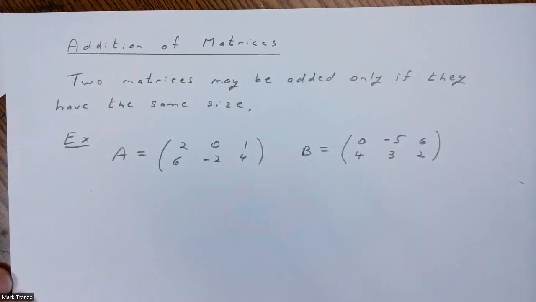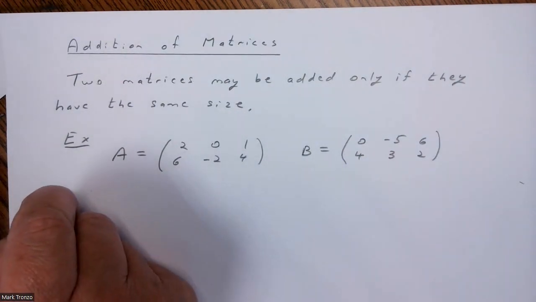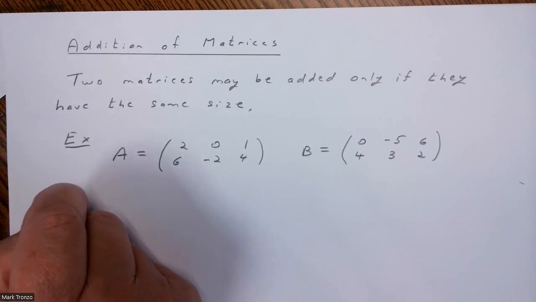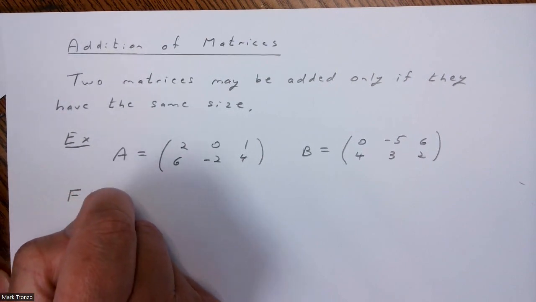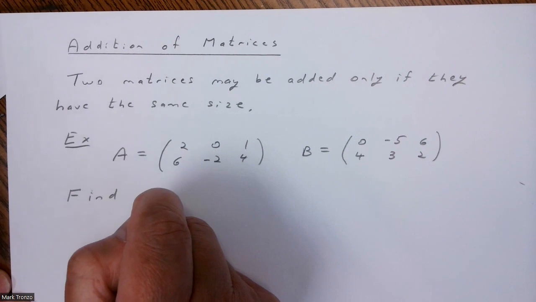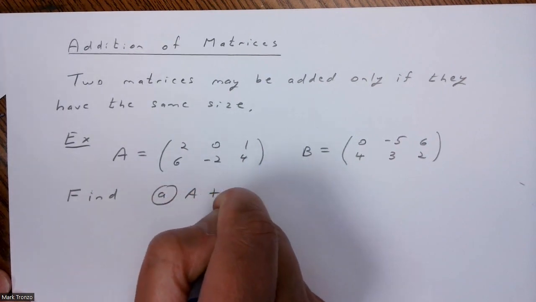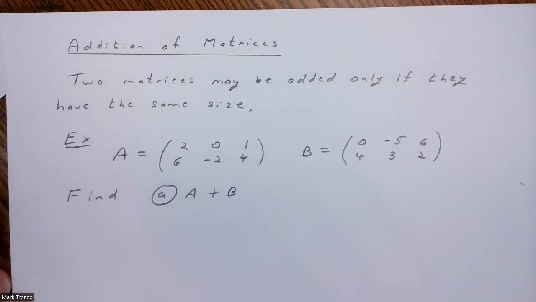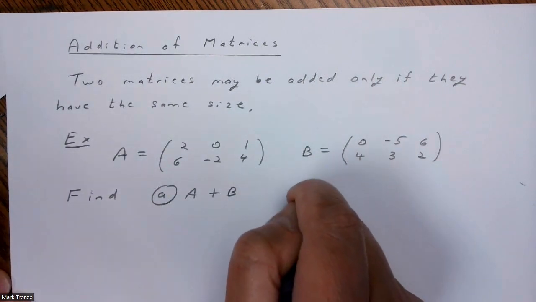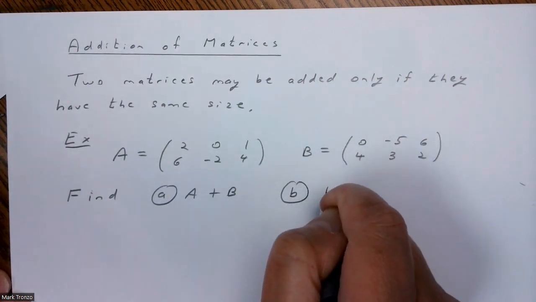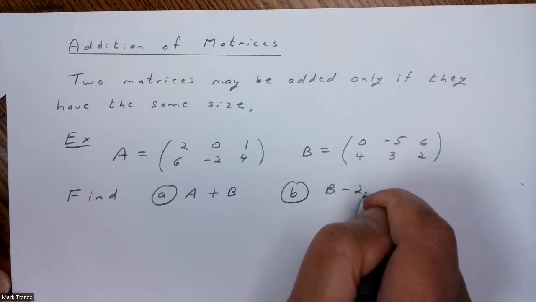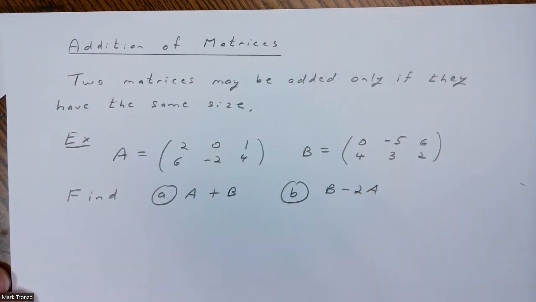Say we have those two. Let's first find A plus B. And also let's find B minus 2A, like this.